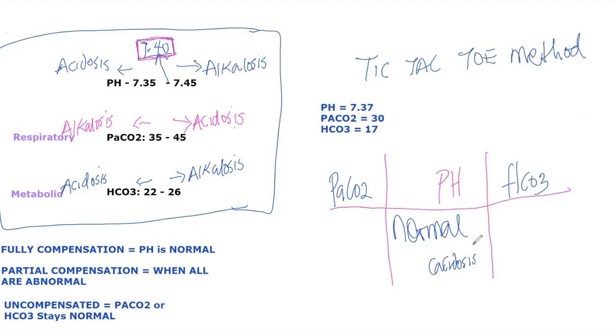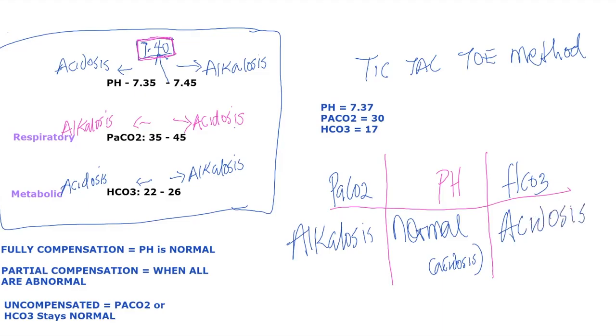All right, our magic middle number is that 7.40. Okay. And then we have PaCO2 of 30. Our PaCO2 of 30 will be alkalosis. And our HCO3 of 17 will be acidosis.